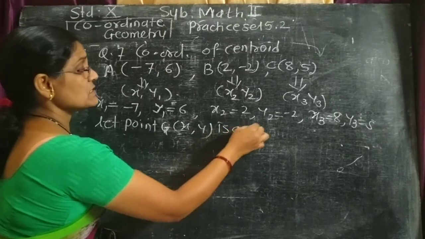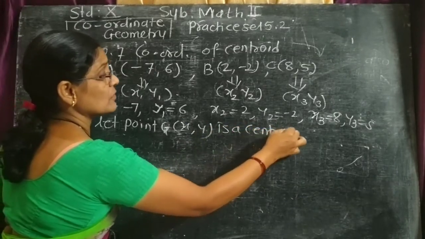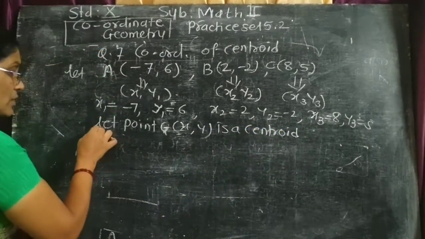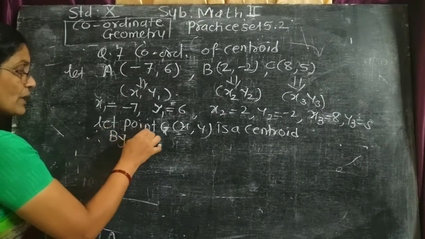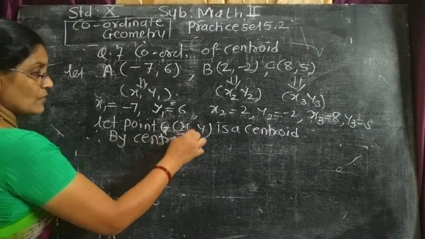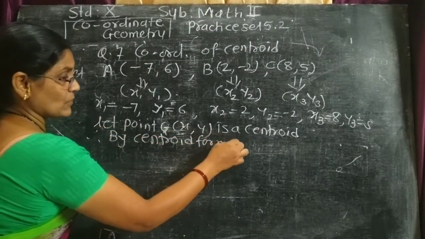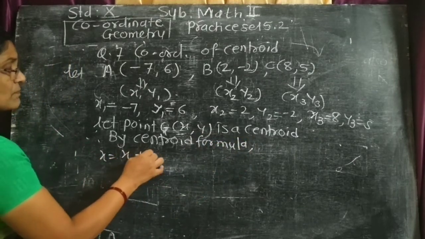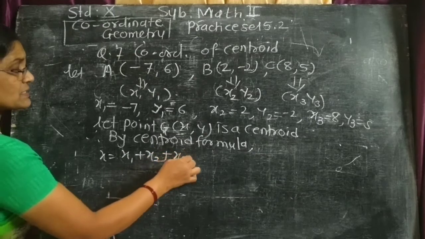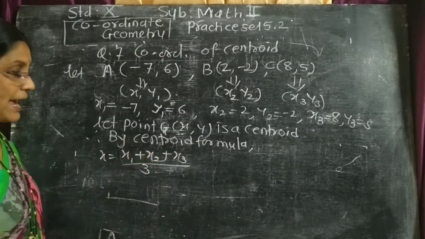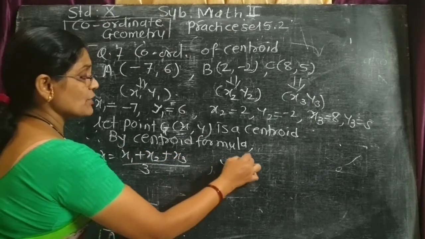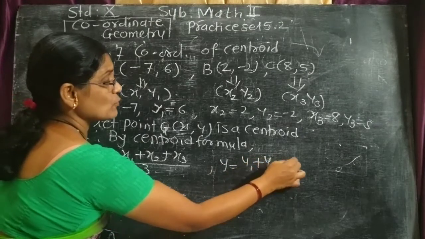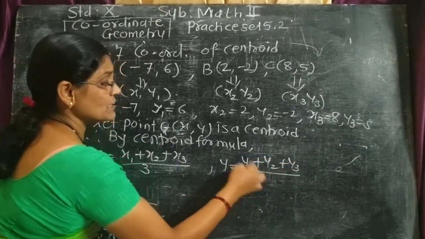Therefore, by the centroid formula, x is equal to x1 plus x2 plus x3 upon 3, and y is equal to y1 plus y2 plus y3 upon 3.